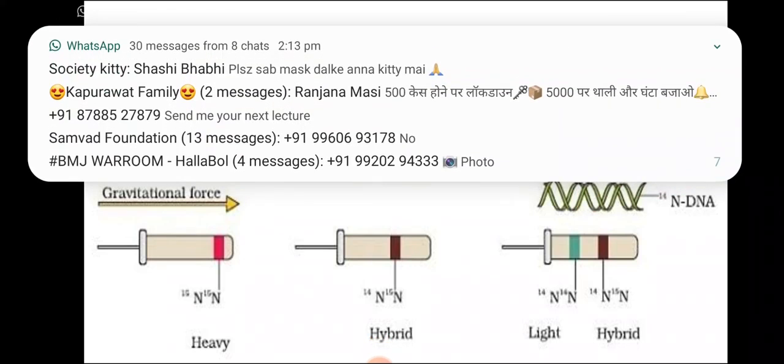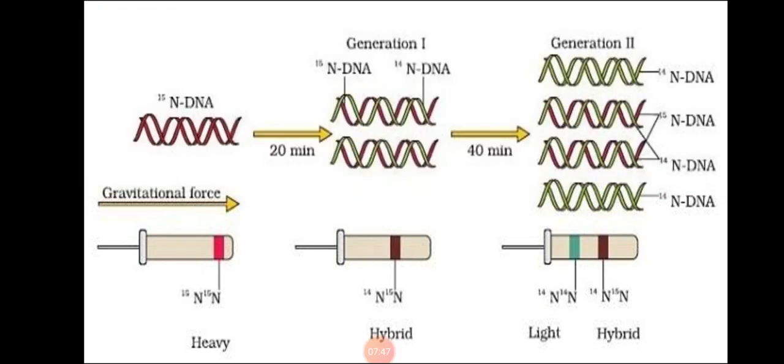So a total of 4 DNA molecules are formed, in which 2 types of bands were obtained. After the second generation, 2 density gradient bands were obtained, one at the N14-N15 hybrid position, and the other at N14, which is light, so it is in the uppermost part. The band is formed at the top of the test tube, so we get hybrid as well as light.